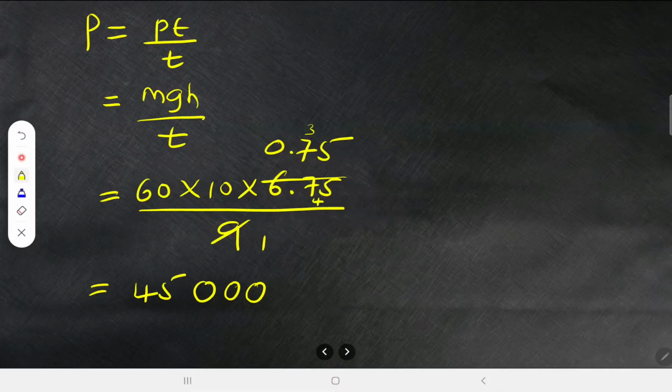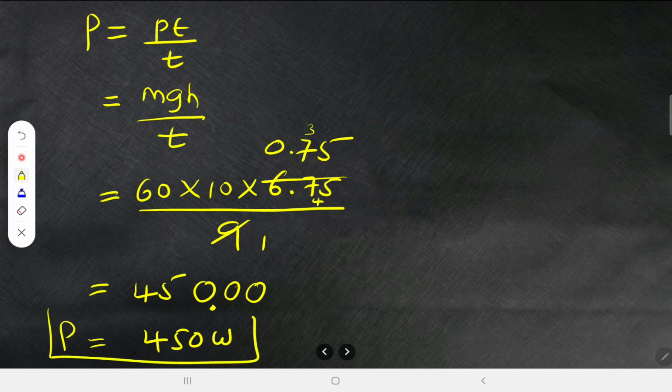Look here, two places it has to come back. All right, so you have basic idea about all that. So it becomes 450 watt. Again, 450 watt means 450 joule per second. So that means in 1 second he is doing 450 joule of work.